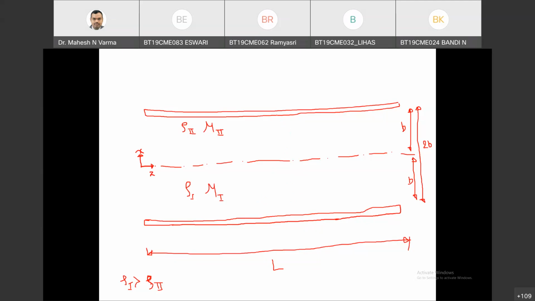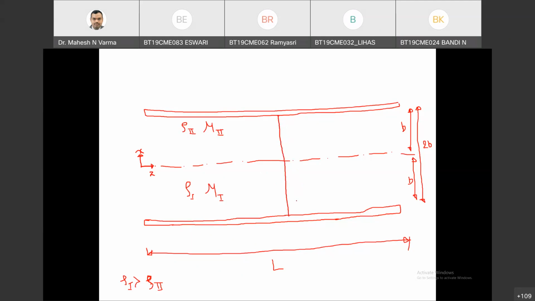Parabola. So where will it be zero? Sir, at the walls it will be zero. Here it will be zero, here it will be zero. Okay. And where will be the maximum velocity? Sir, at the middle, sir, not middle. At one region it will be maximum. So you mean the upper region or lower region?